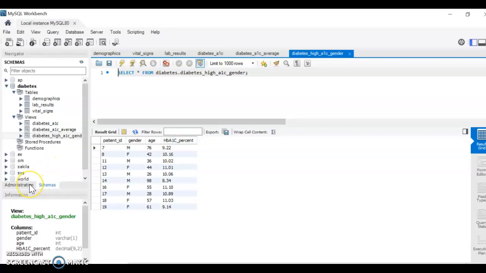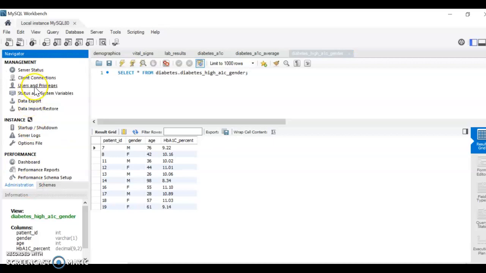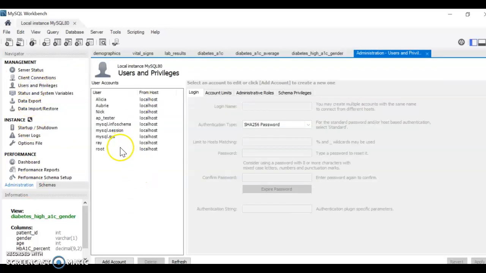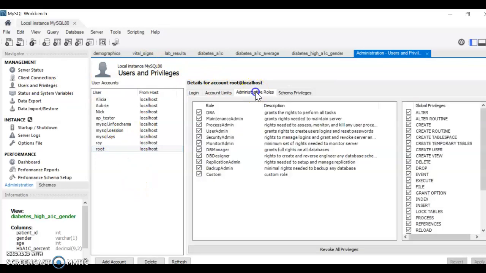So I have a couple examples of some users that we have programmed that have certain privileges in the database. First, we have our administrator, who does have all rights and privileges to the diabetes registry database. We have another user who has the ability to only back up the database and doesn't have any other privileges to perform data entry or read any of the information in the database.